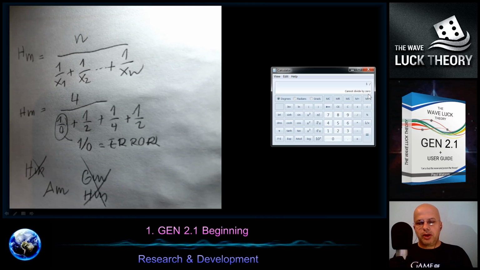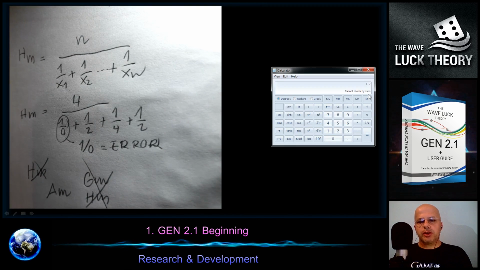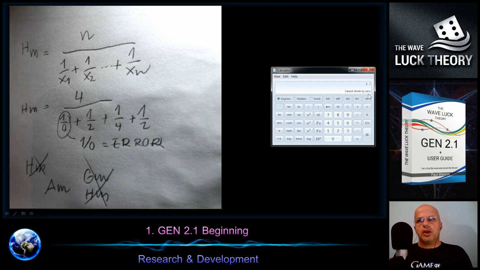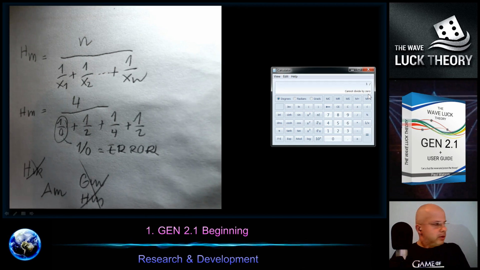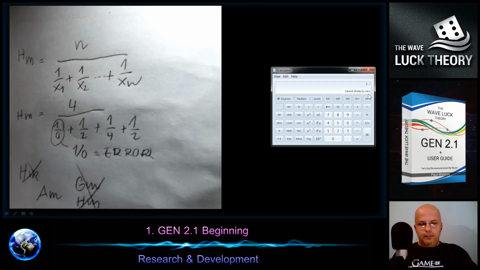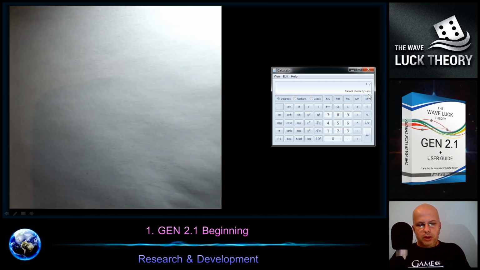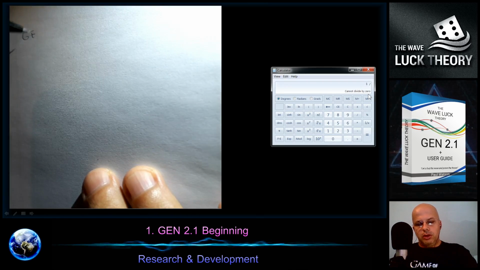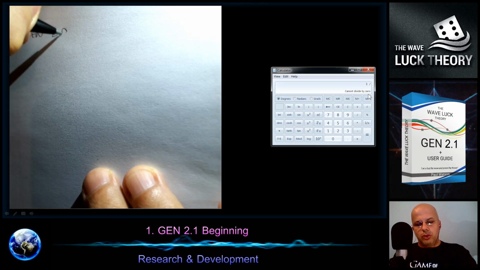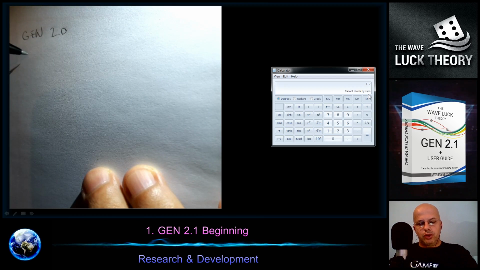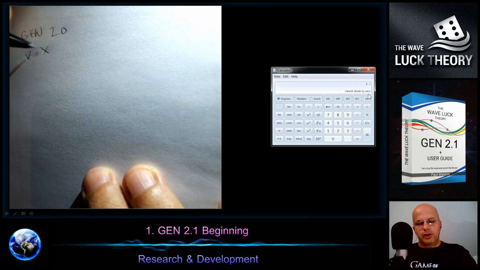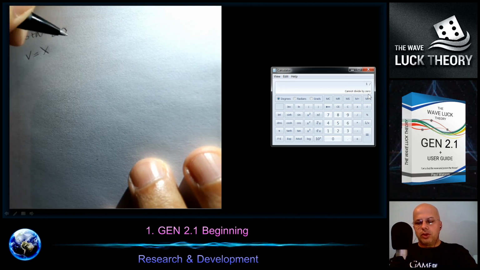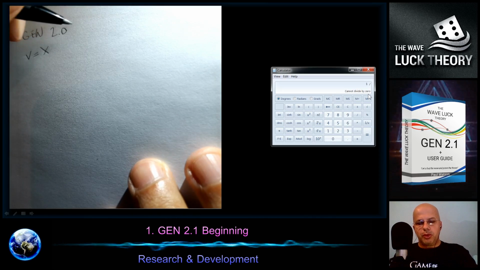So what I plan to do is to stay with the arithmetic average, but I want to weight the values as they are growing. And let me show what we have today. In gene 2.0 the value is equal to x, so the number of hits is equal to the number of matches.